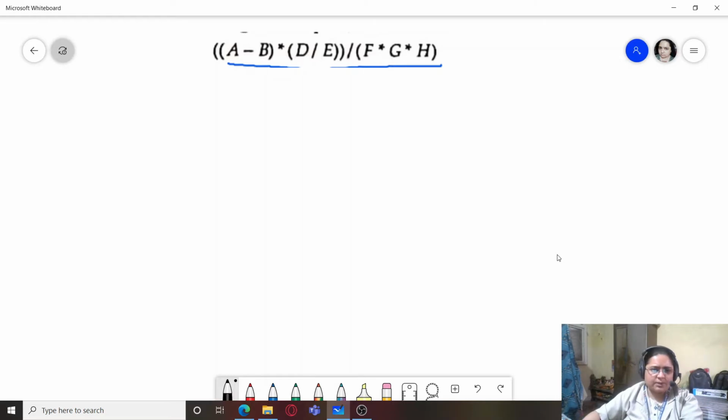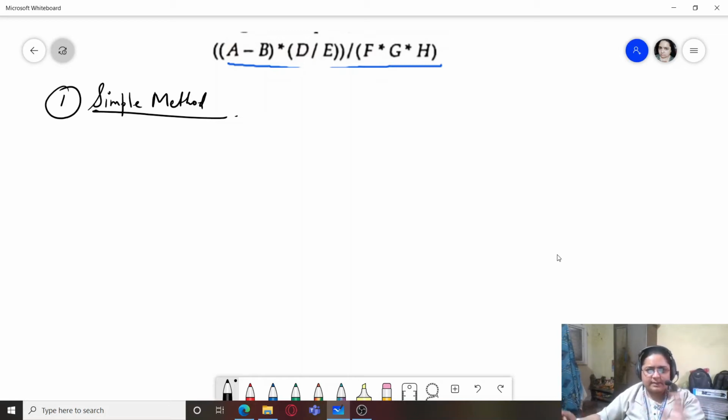So first I am going to demonstrate this using the simple method. Here you can see that this is an infix expression with operands on either side of the operator. So let us start with this statement first. Over here, I am going to rewrite it.